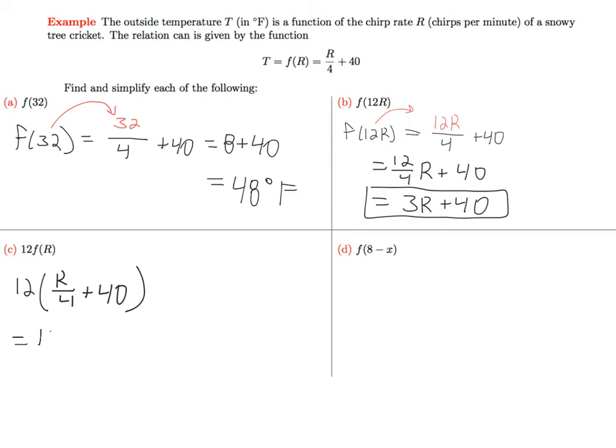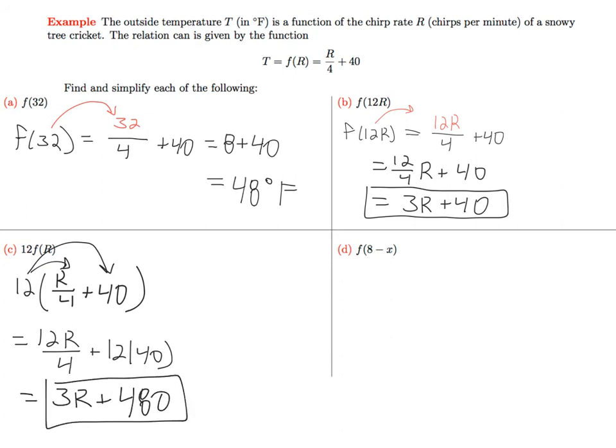So this gives me 12 R over 4 plus 12 times 40. So I'm going to distribute this 12 to both of these terms. And so now simplifying this, we get 3R plus 480.